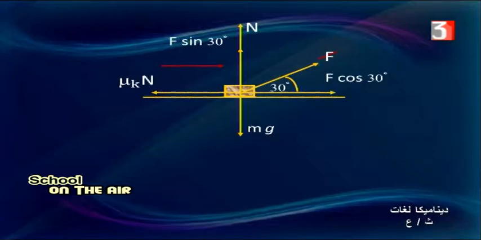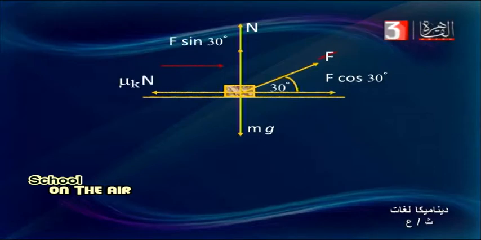Then the force F can be resolved into perpendicular components. The first component, F cosine 30, is in the direction of the plane, or parallel to the plane. And the second component, F sine 30, is in the direction perpendicular to the plane, as shown in the figure.